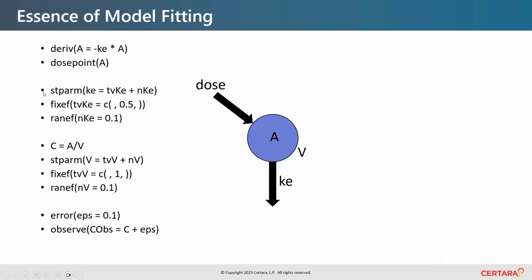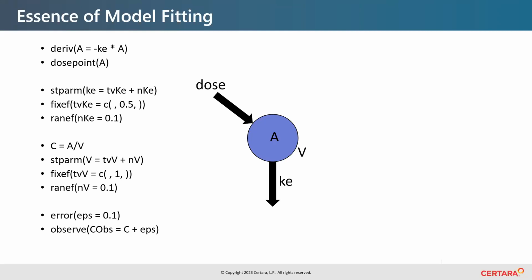Now, KE is what we call a structural parameter, meaning it's a parameter of the structural model, which is on the right. And we want to say it depends on a fixed effect and a random effect. Here the fixed effect means that the typical value of KE is such and so for all the people in a population.